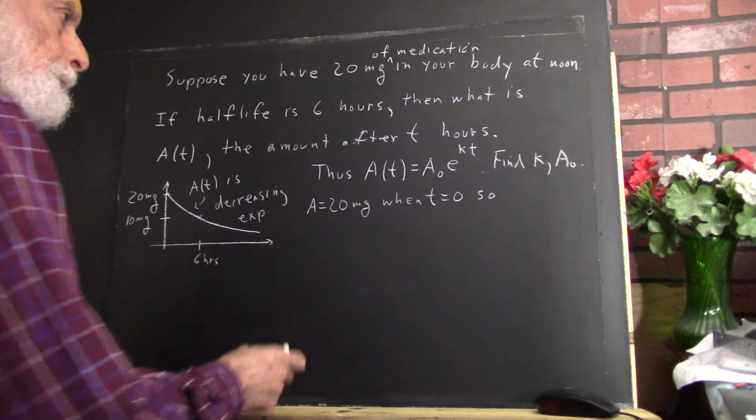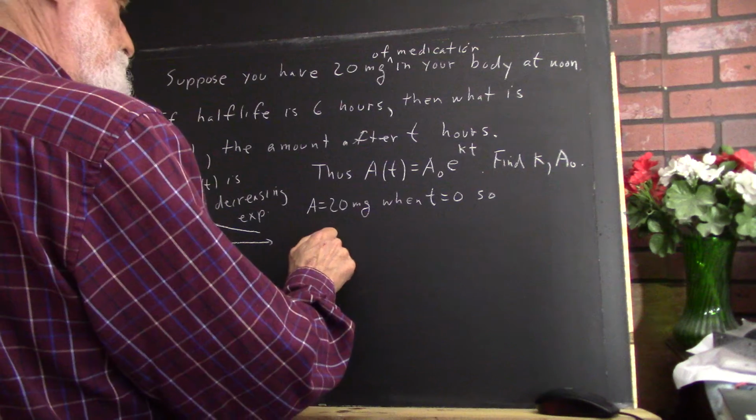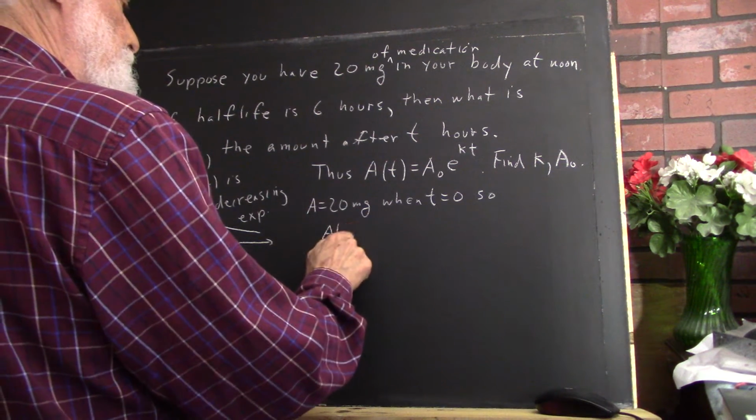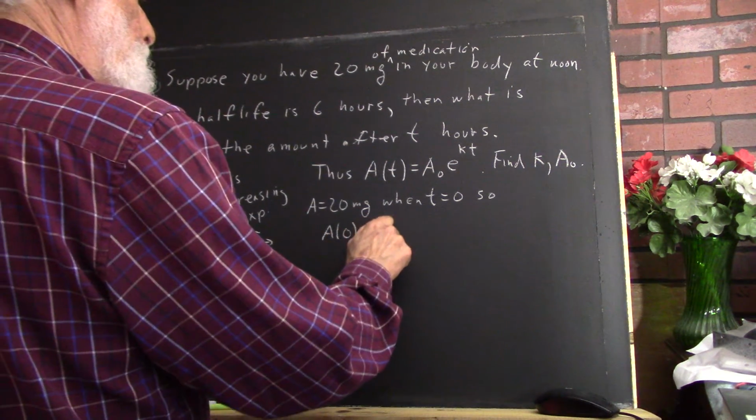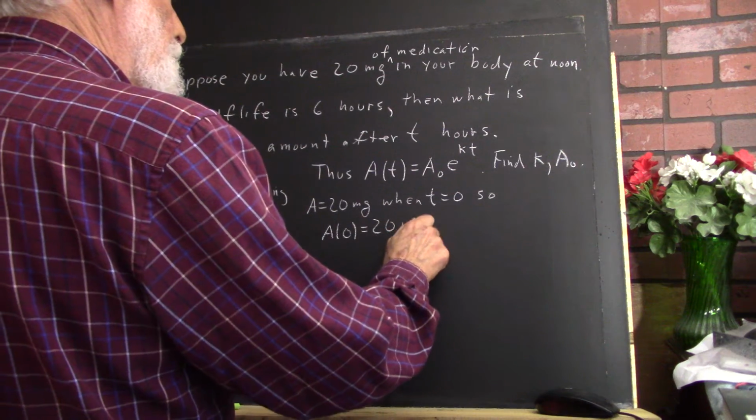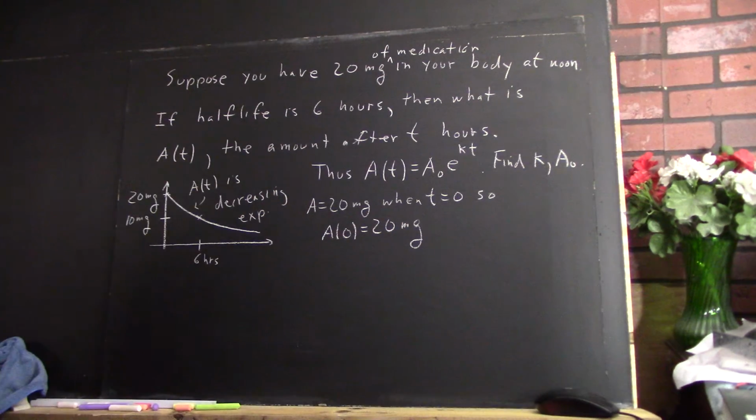So we can say that A of 0 equals 20 milligrams.